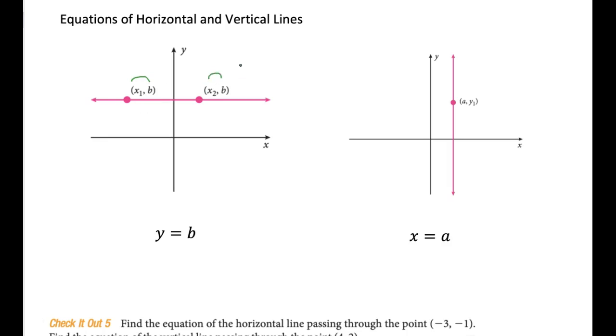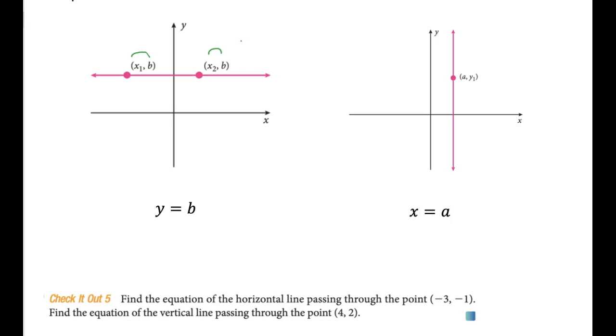The y is the b. So b never changes and y just equals b. So y equals some number, whatever it is, wherever it crosses the y-axis. And don't make it more complicated than it is. It's very simple. And the vertical line is going to be x equals whatever number crosses the x-axis for the same reason.